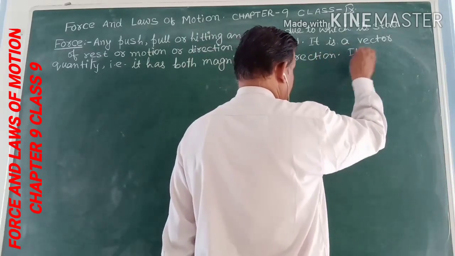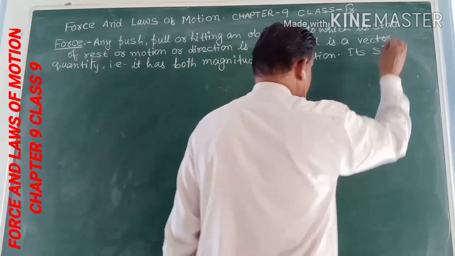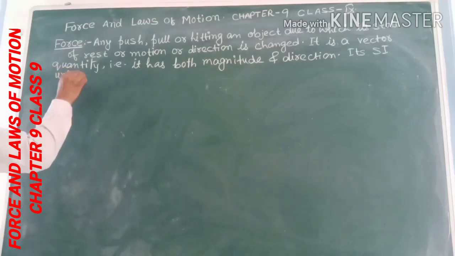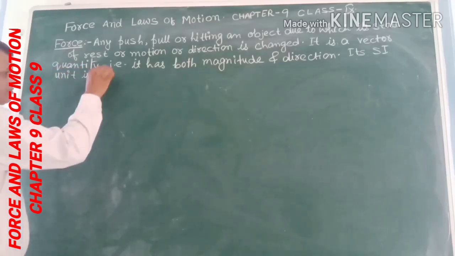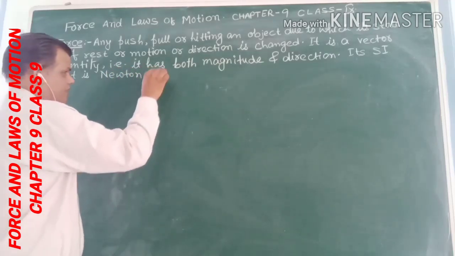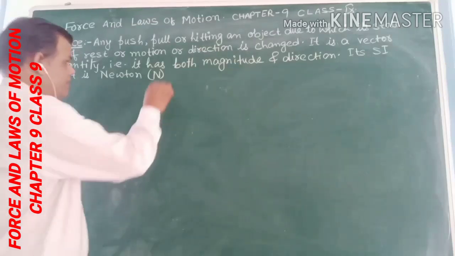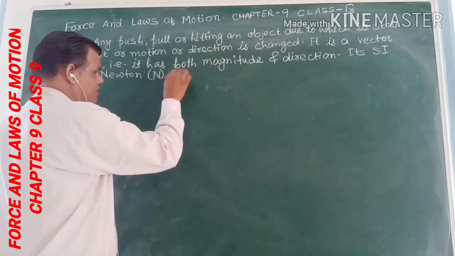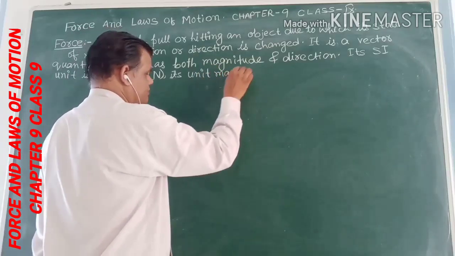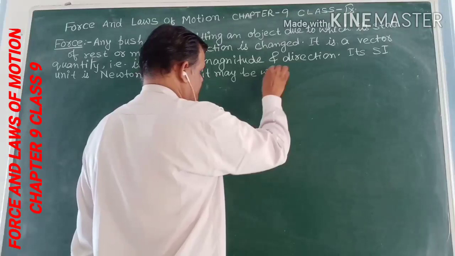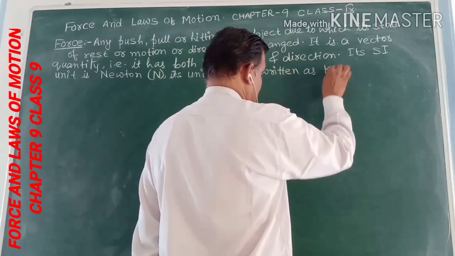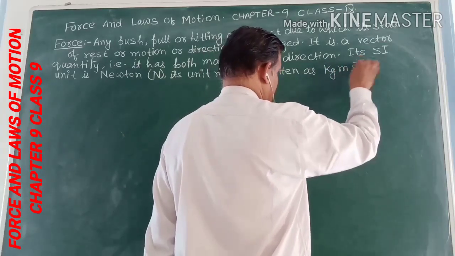Its SI unit is Newton, represented by capital N. Its other unit may be written as kg meter per second square.